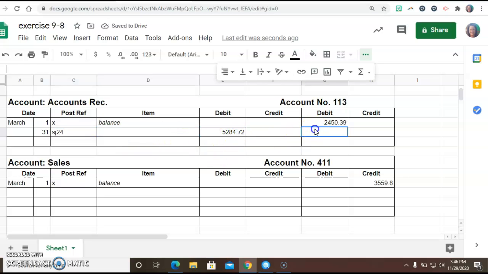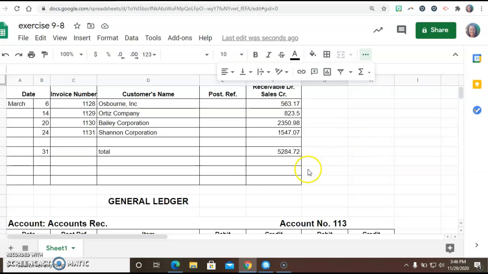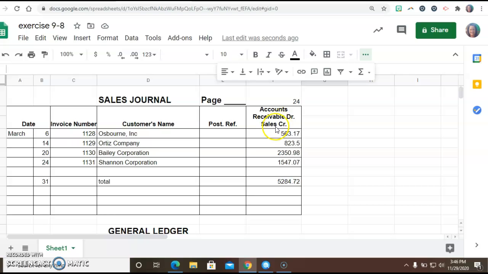Our total was a debit, so we're going to go ahead and add our previous balance because we're debiting a debit. I'm just not having luck today, am I? All right, so our new balance in our accounts receivable, $7,735.11. So again, if you notice, I'm just taking the total and posting it into my accounts receivable.